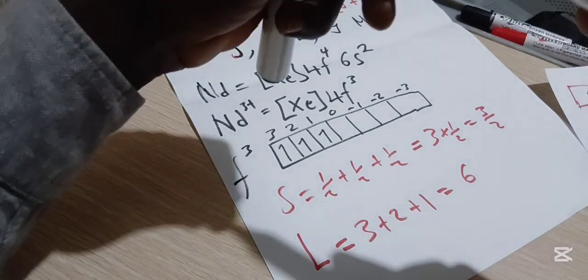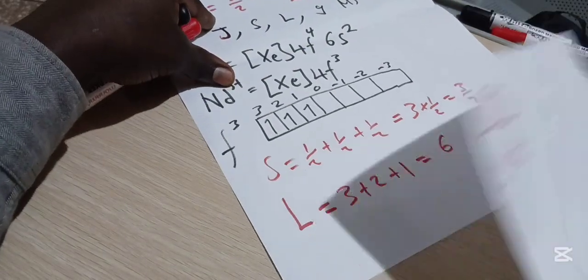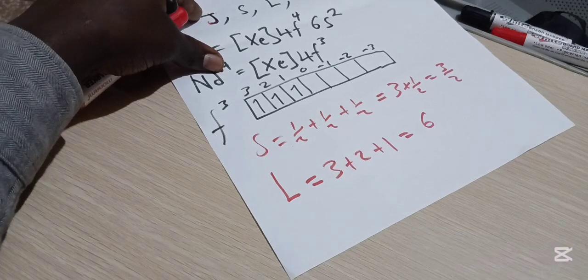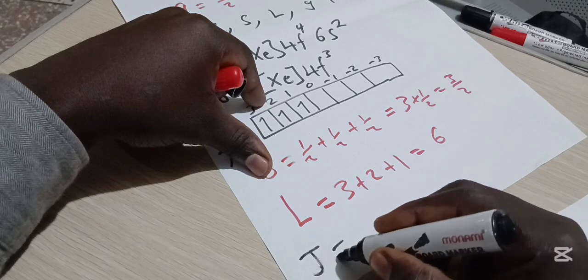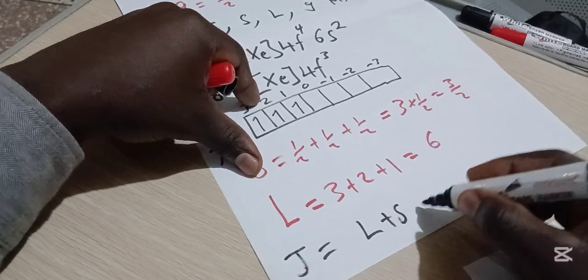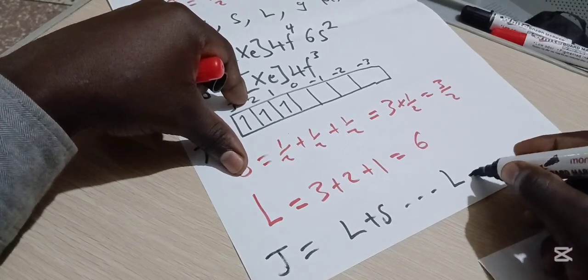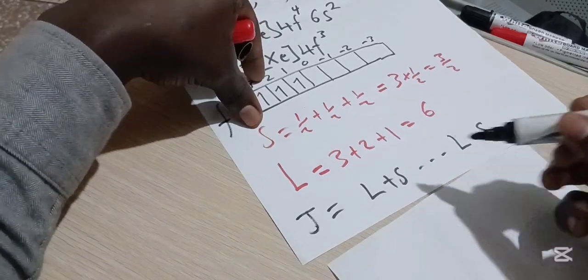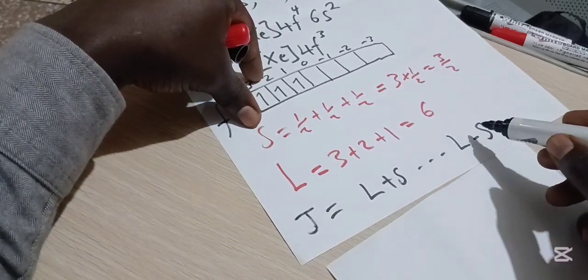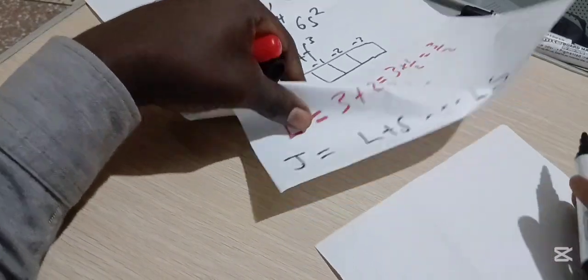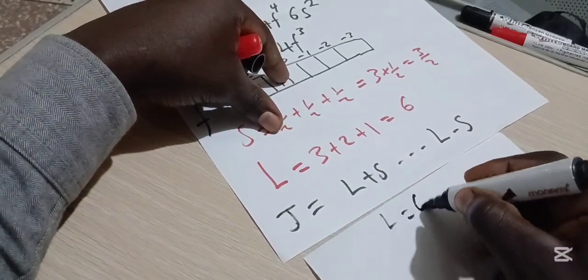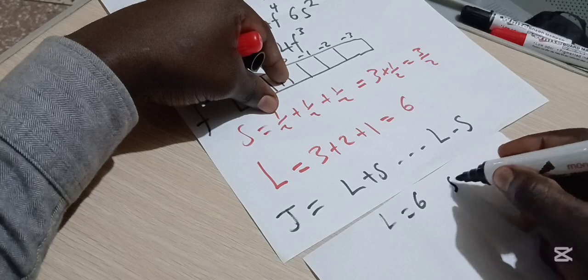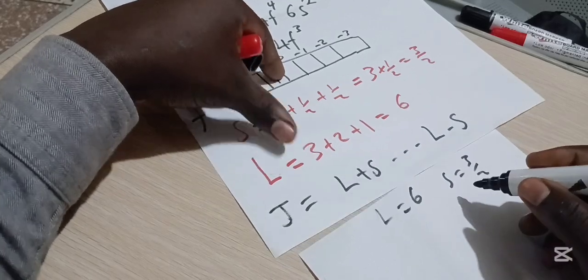Now that we have our L value, we calculate the value of J. J equals L plus S up to L minus S. We know L to be 6 and S to be 3 on 2.